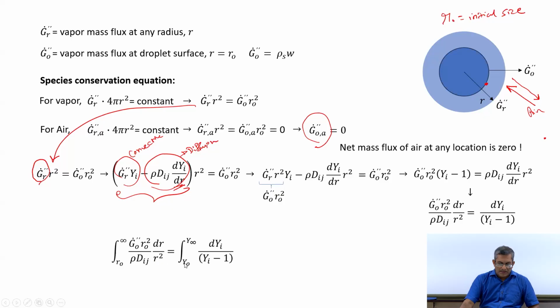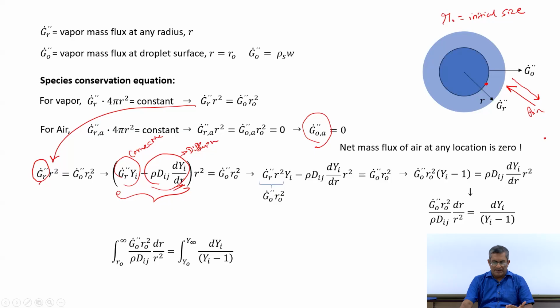So, what is y? Y is the vapor mass fraction, and we have to integrate it from the droplet surface where it is y naught to whatever its value far away from a droplet. Then we can integrate this parameter r from the radius, droplet radius, to some high value.